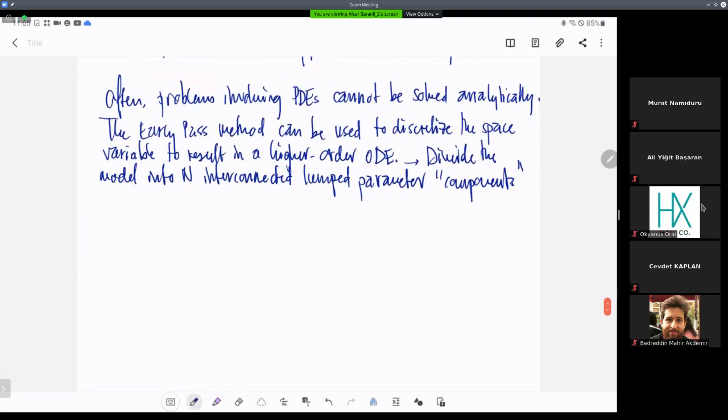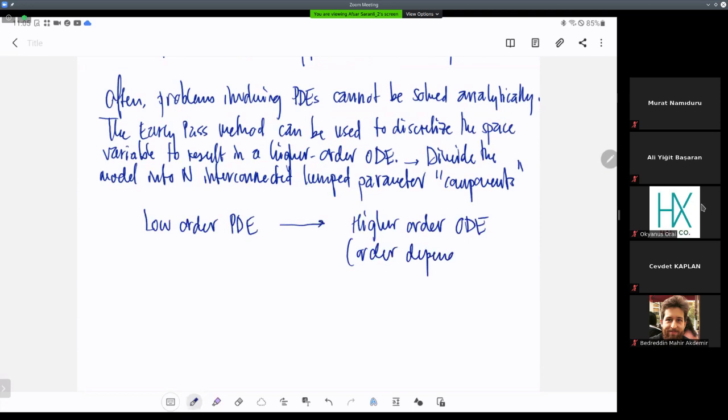So a low order partial differential equation becomes a higher order ordinary differential equation. The order depends on the resolution of discretization, namely n.